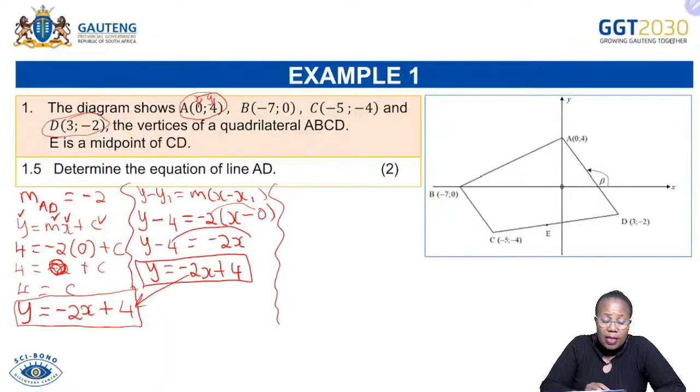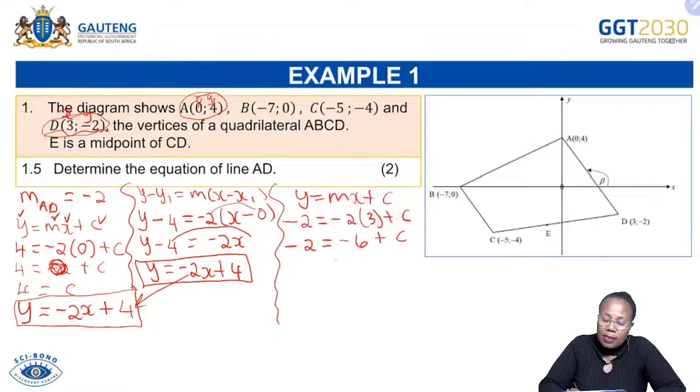And then let's say another learner decided to use D as the point with the equation y = mx + c. This will be our x and y. Y will be -2, the gradient is the same, and we substitute 3 there plus c. Then this is -2, -2 times 3 is -6 plus c. We transpose 6 to the other side, and then it will be +6 minus 2, which is 4. Then c will be equal to 4.